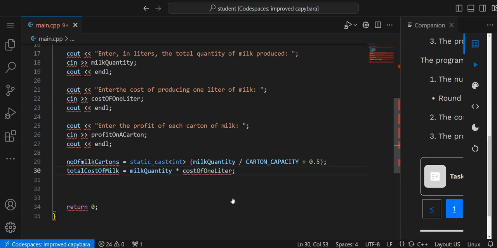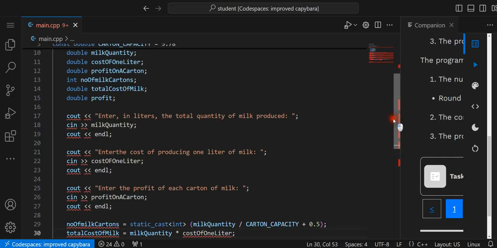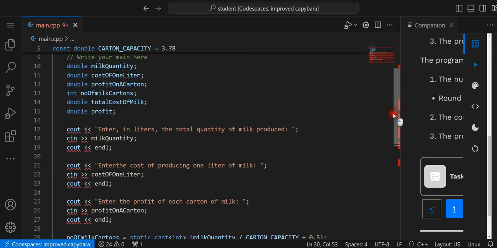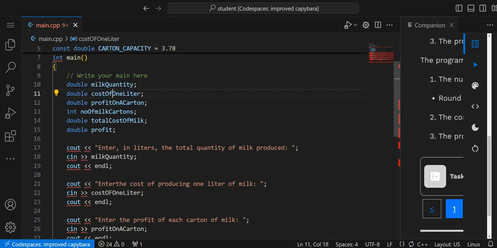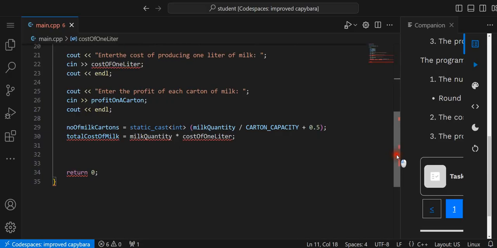Cost of 1 liter. That's fine. So just camel casing is terrible on this one. Cost of 1 liter, and then final line for this, profit.